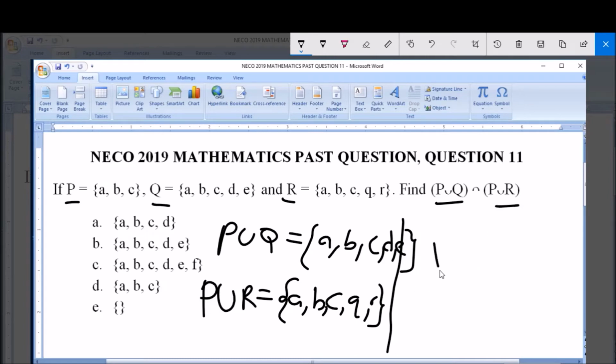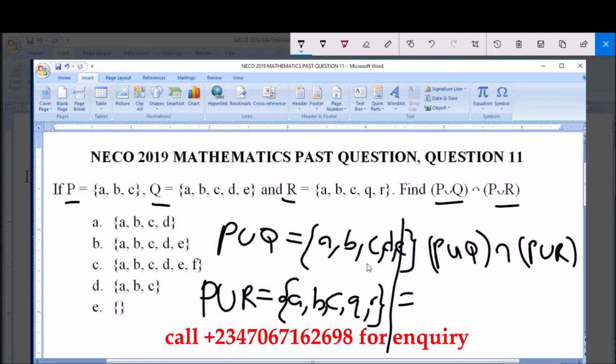So therefore, P union Q intersects P union R is equal to, now this intersect here simply means what you will find in set P union Q and still find in set P union R. That is the common content in these two sets.